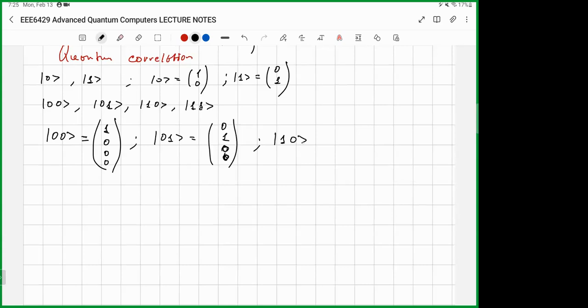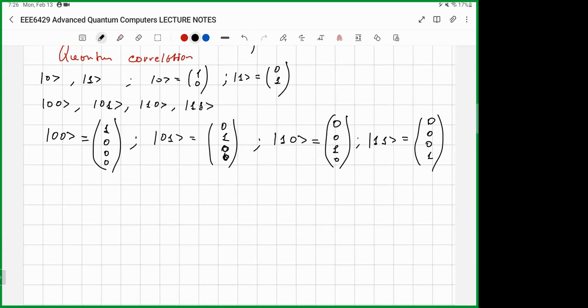The state 10 is (0, 0, 1, 0), and finally state 11 is nothing but (0, 0, 0, 1). So this is the basis in the new four-dimensional Hilbert space, which we bring into the story because we need to describe a system of two-level systems. That's why we need a Hilbert space of 4 dimensions, right?